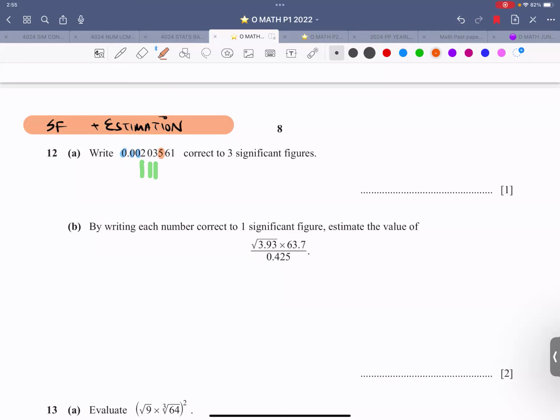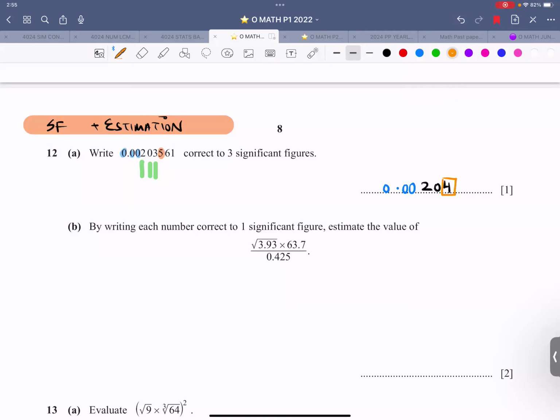Now 5 or greater than 5 changes the number. So therefore 203 will become 204, and the zeros in the beginning remain as they are, 0.00204. This is the one that was changed. So 203 actually became 204. So that is the significant figure thing.